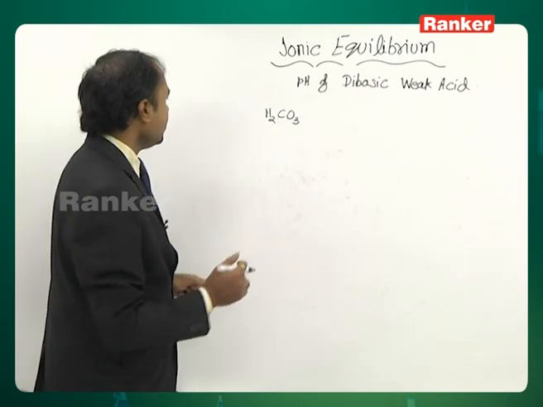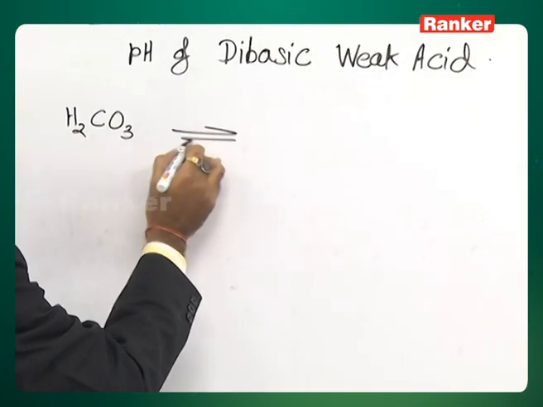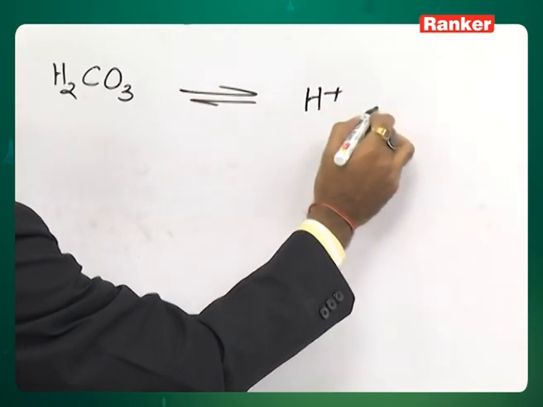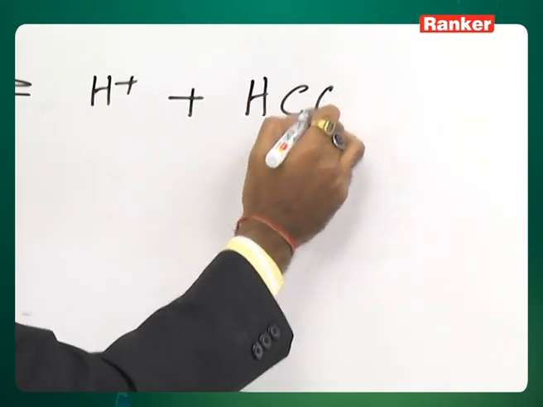Now, H2CO3 first dissociates to give H plus and HCO3 minus ions.